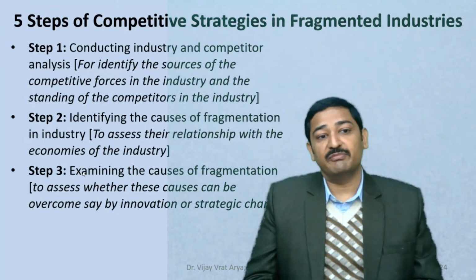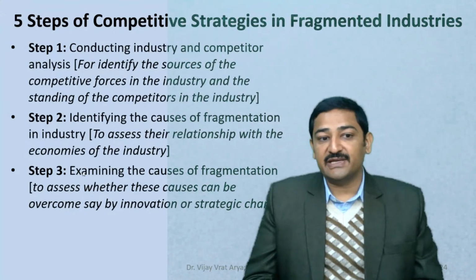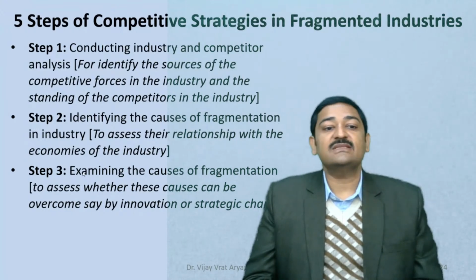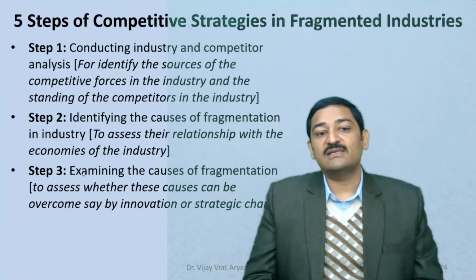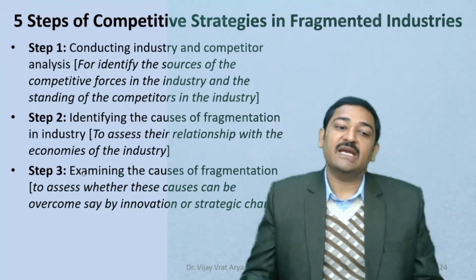The second step would be identifying the causes of fragmentation in the industry, and the idea behind step two is to have an overall assessment in terms of their relationship with the economies of the industry.